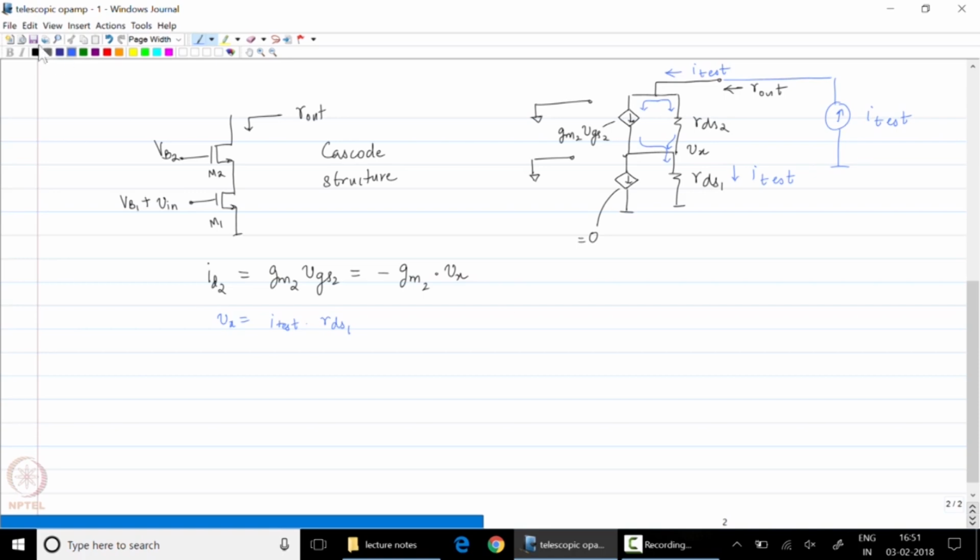Now, therefore, the value of the drain current through M2 is minus GM2 into RDS1 into I test.